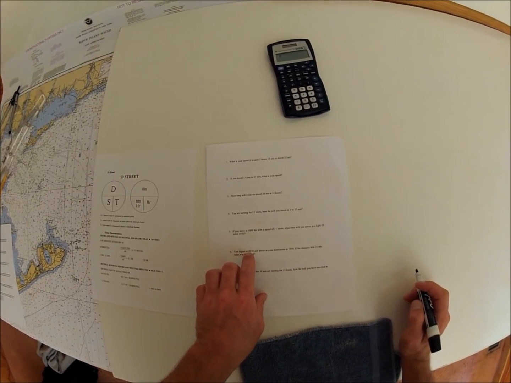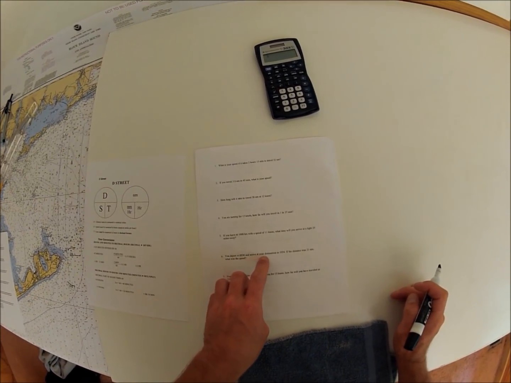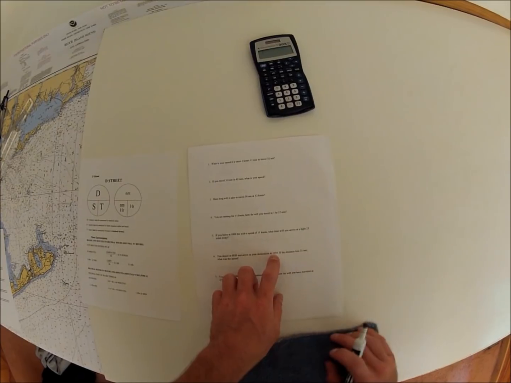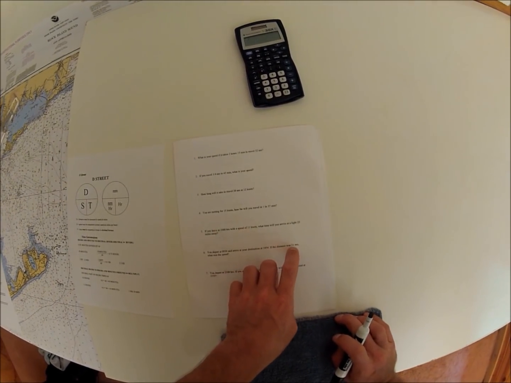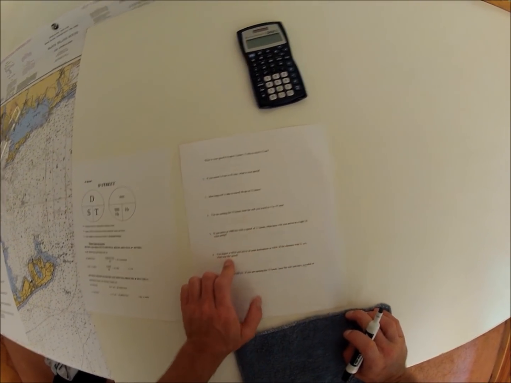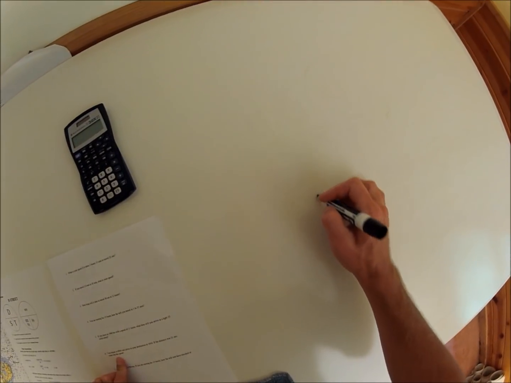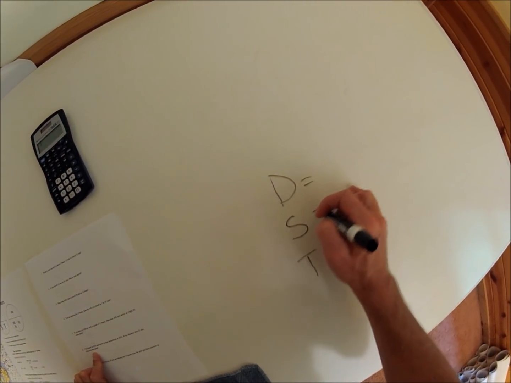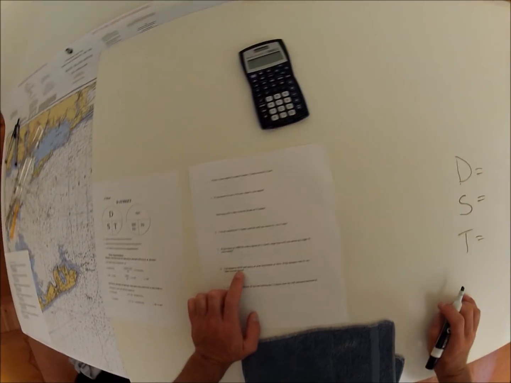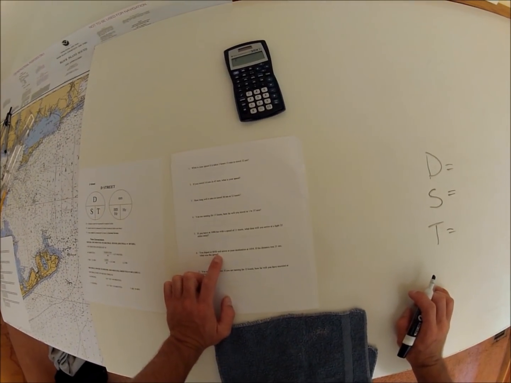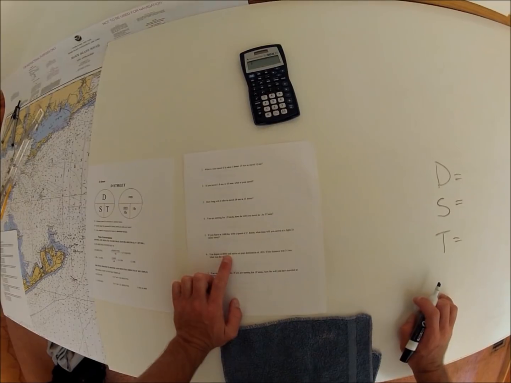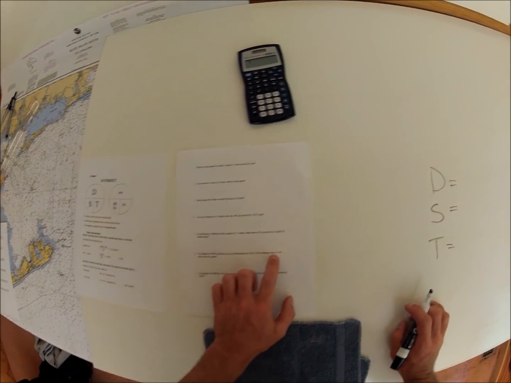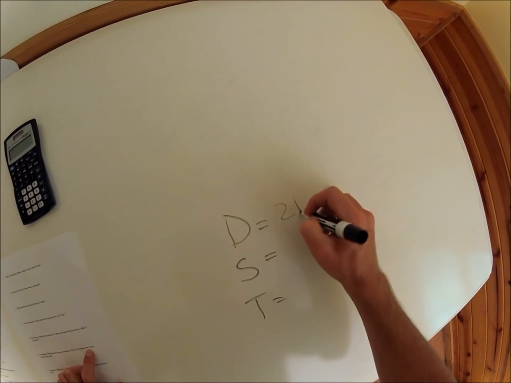You depart at 9:30 and arrive at your destination at 10:54. If the distance was 21 nautical miles, what was the speed? Okay, again. Distance, speed, time. Your distance was 21 nautical miles.